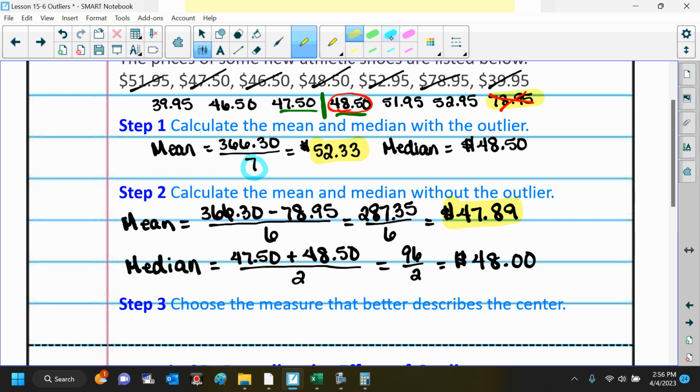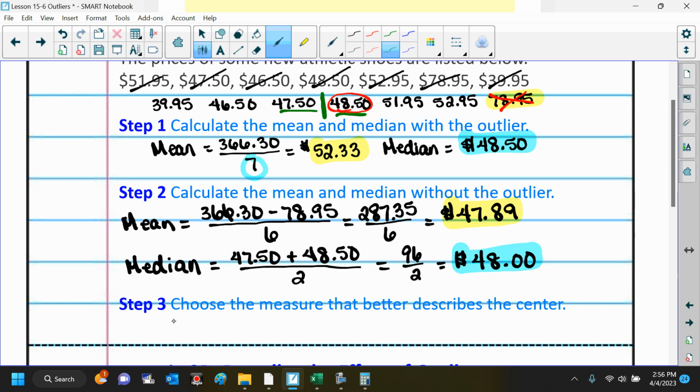If I'm looking at the median with the outlier, it's $48.50. Without the outlier, when I took that outlier out of there, it was $48. So if you look at the $48.50 and the $48, it didn't change that much at all. So because it didn't change that much at all, the median is the measure that best describes the center of the data.